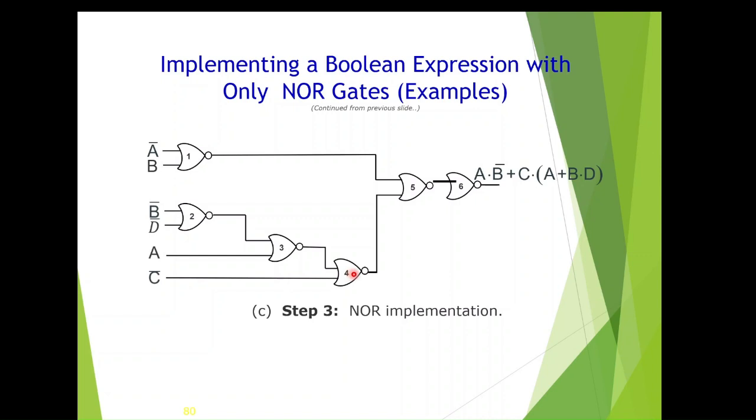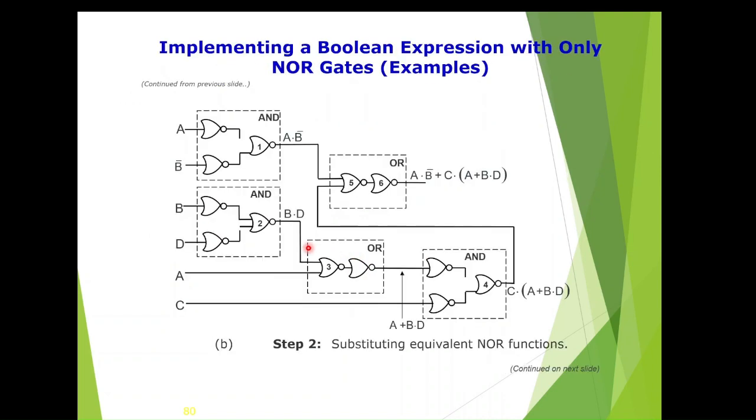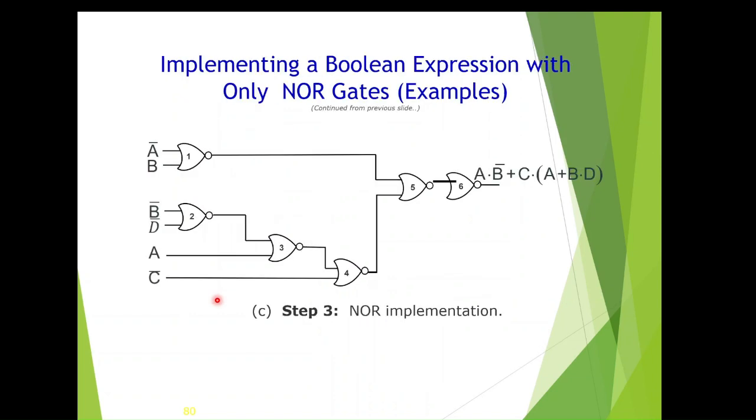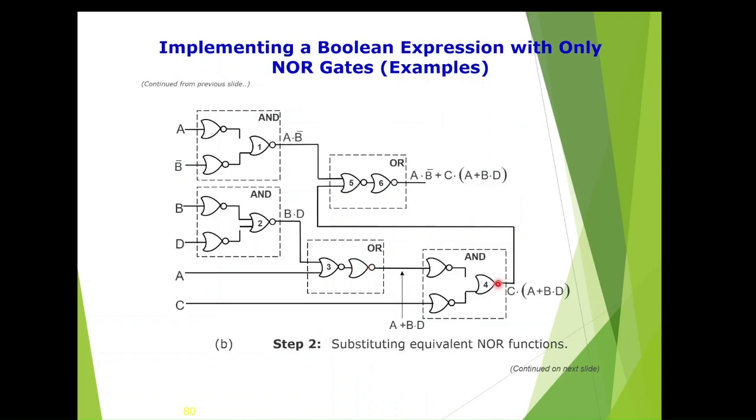Then for the fourth gate, the third gate output and 2 inverters are there, so that gets cancelled. So the third gate output directly we can give to the fourth gate, and the C we have to pass through an inverter, so we give C bar. That's the fourth gate. Then finally this output we are giving to a fifth gate.